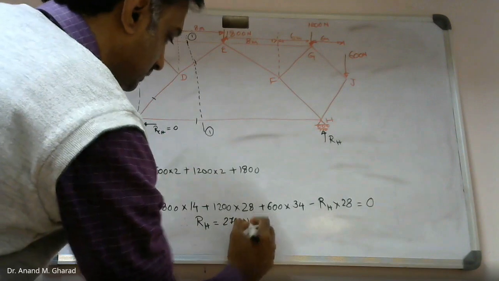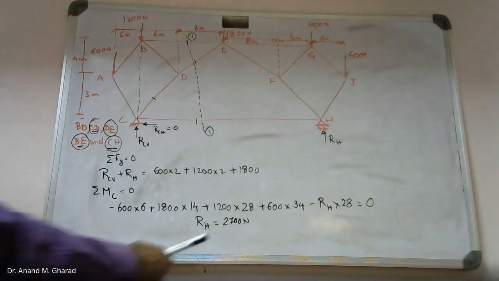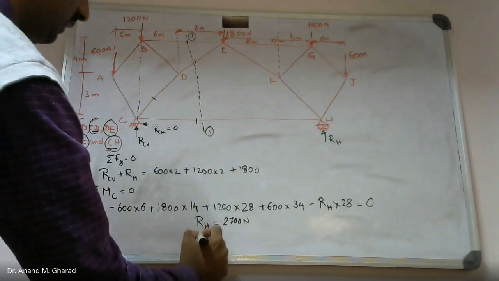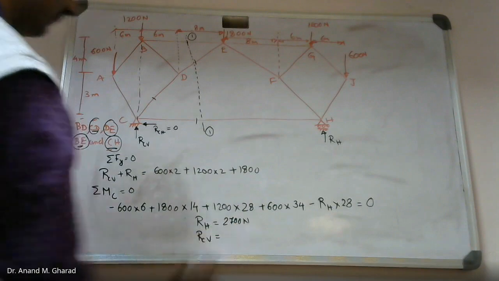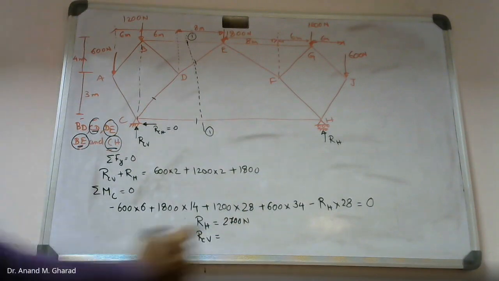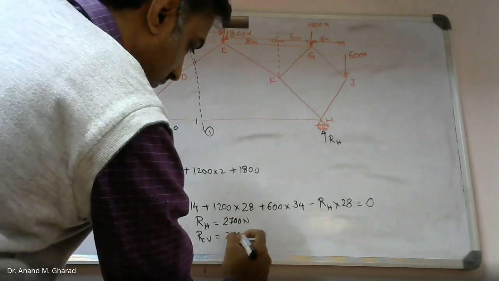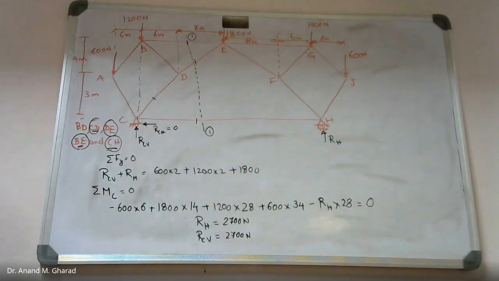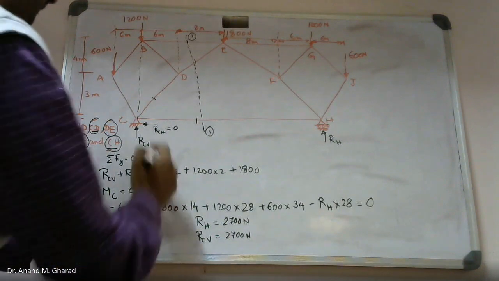This is the RH value. And similarly, you calculate RCV. Both are same? Yes, 2700 Newton. Both are positive values. So you have found out RCV, RCH.